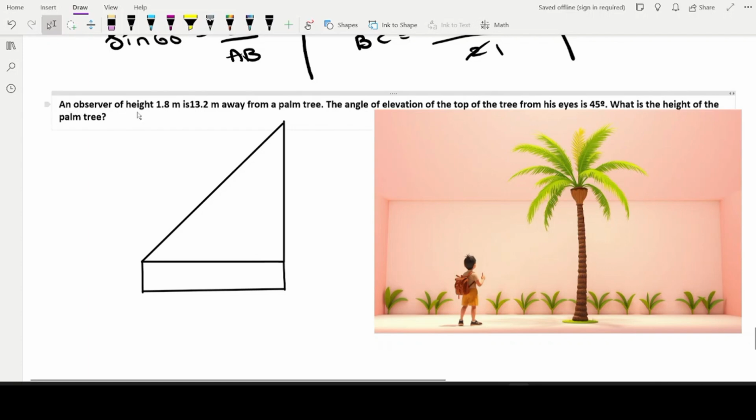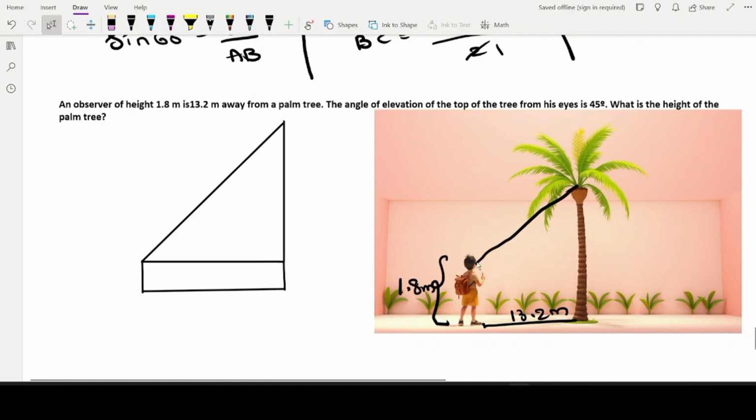An observer of height 1.8 meters is 13.2 meters away from the palm tree. So the distance between him and the palm tree is 13.2 meters. The angle of elevation of the top of the tree from his eyes is 45 degrees. So what is the height of the palm tree?